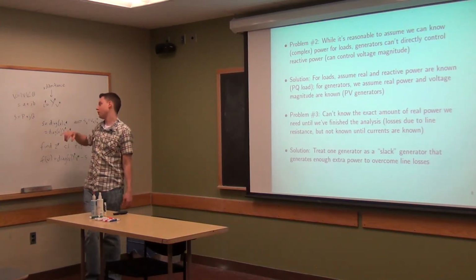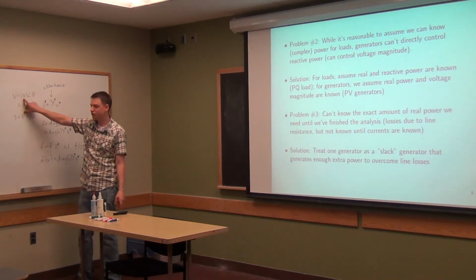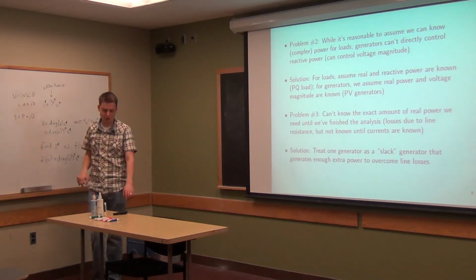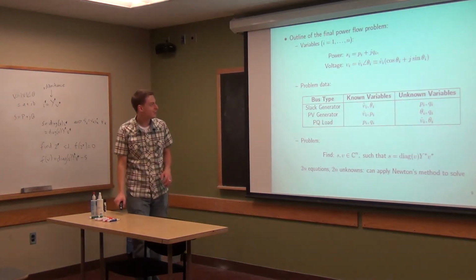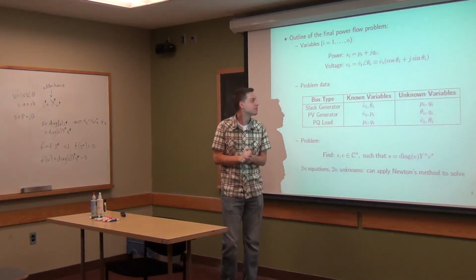So for the slack generator, we know both these two things. For every other generator, we know these two things. And for the loads, we know those two things. So let me write that all down on this slide, because you'll probably want to go back to it and refer to it. OK, here's our final power flow problem.